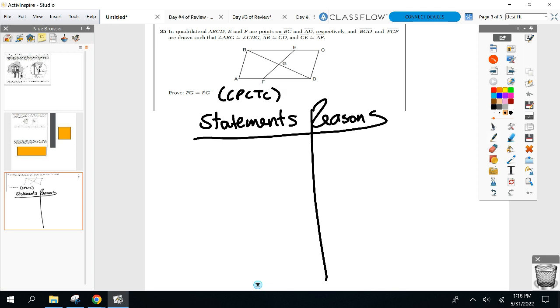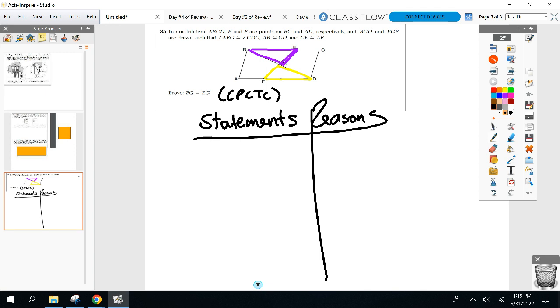Whatever pair contains FG and EG. Those are full sides and only 2 triangles I see up there: FGD, BGE. So I'm going to try to prove those 2 triangles congruent so I could say CPCTC.